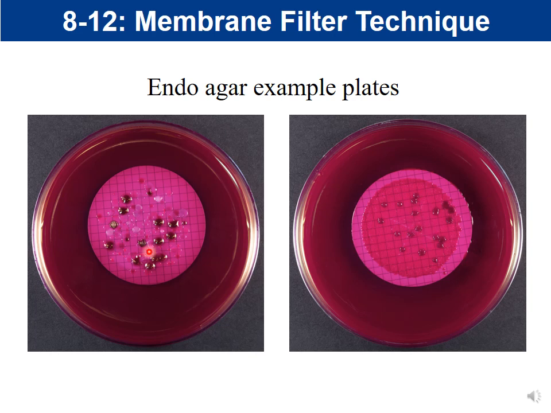The reason that it has a grid on the nitrocellulose is that one of the things you have to be aware about is that drinking water to be considered safe doesn't have to have zero bacteria. There is an amount of bacteria that is considered acceptable. And so it depends on how many colonies you get per 100 milliliters of water.